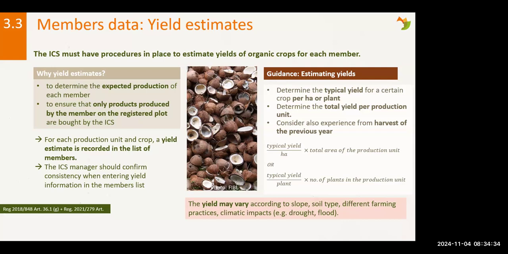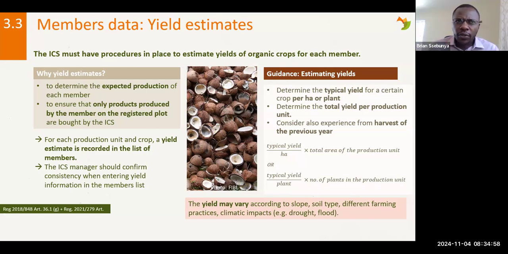But then somewhere again, you said all production units must be managed in an organic manner. Isn't that contradictory in one way or another, that I'm having organic in conversion? Help me understand those, the yield estimates and then this production unit issue.